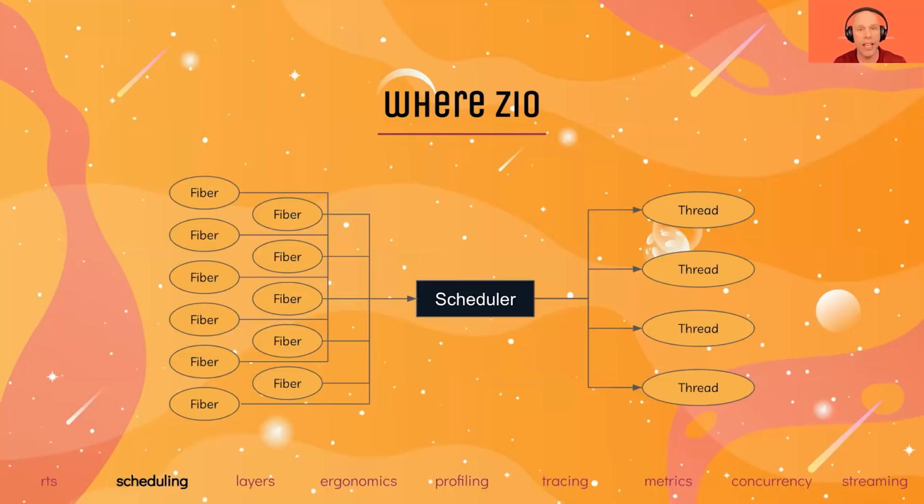A scheduler is responsible for taking those million fibers and deciding how they get executed on 4 threads. That's a hard problem. And in ZIO 1.0, we actually used something that's built into Java to perform that work for us. However, that doesn't really take advantage of all that we know about fibers.